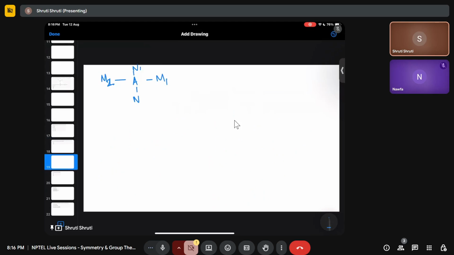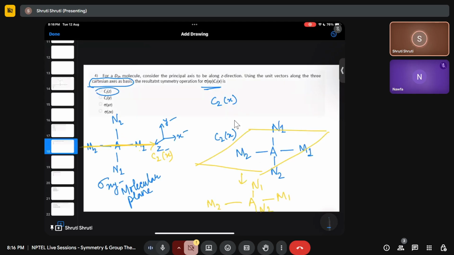But the original molecule is this. Now, the first option is C2z.